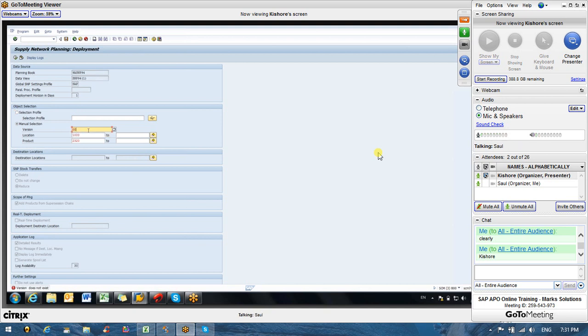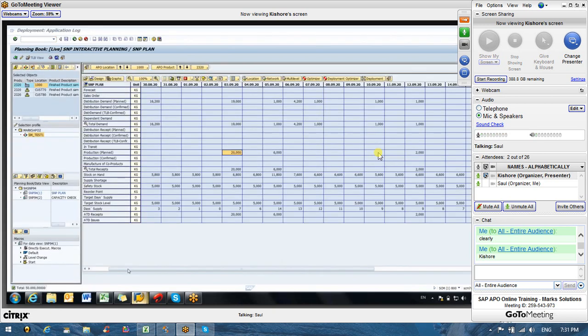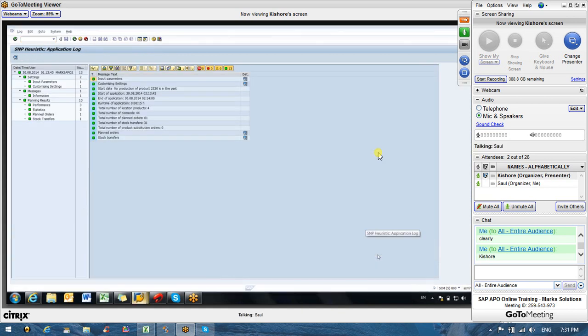Version. Yeah, see here. We'll go to the planning. Refresh. Another planning book so that we can see the difference.